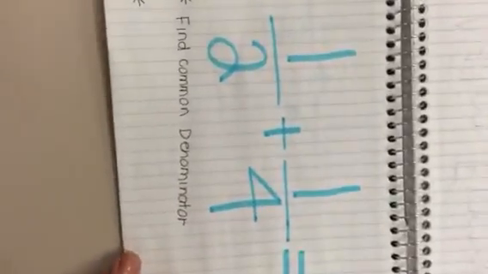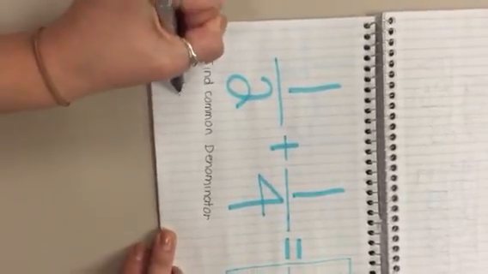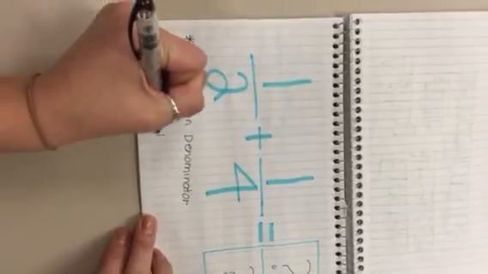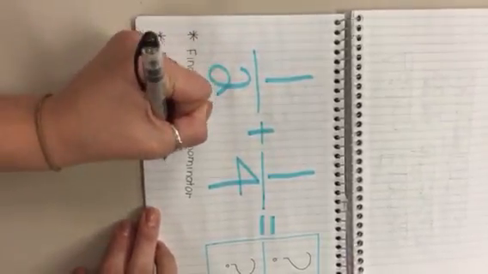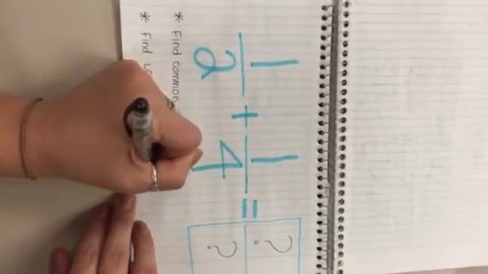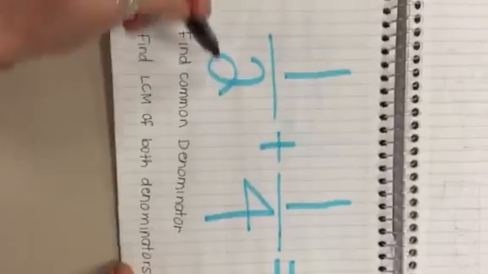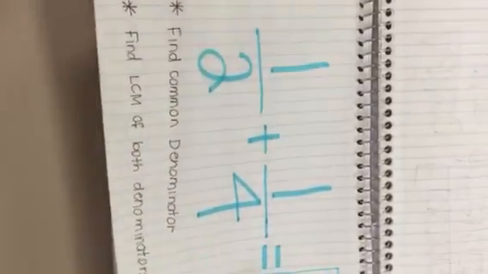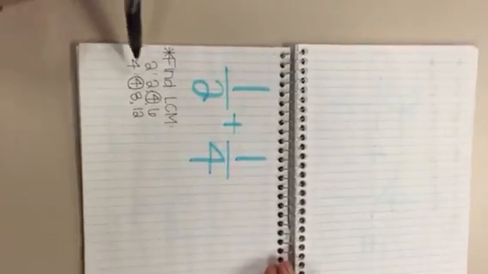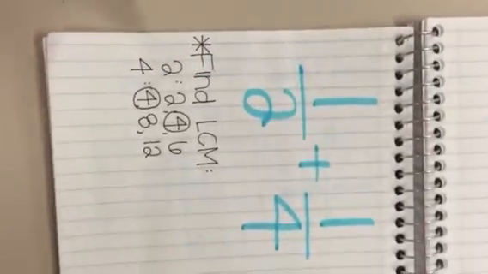In order to find a common denominator, we are going to find the least common multiple of both denominators. And in this case, our two denominators would be 2 and 4. So, in order to find the least common multiple, I have listed the first three multiples of both of our denominators.